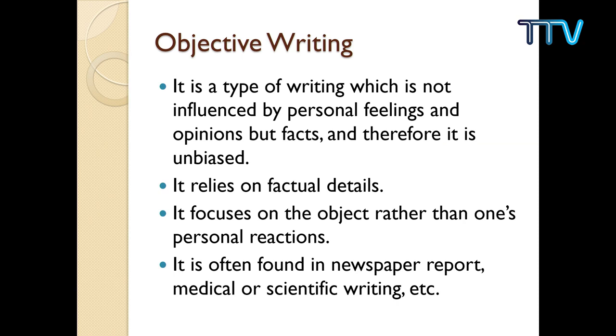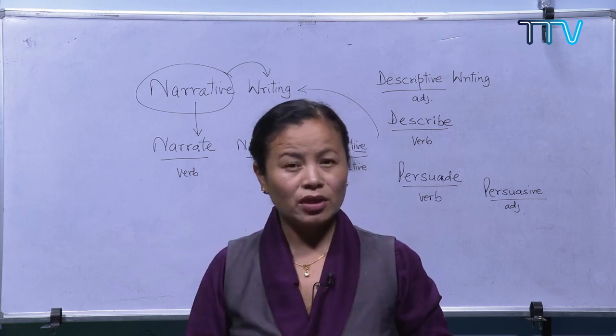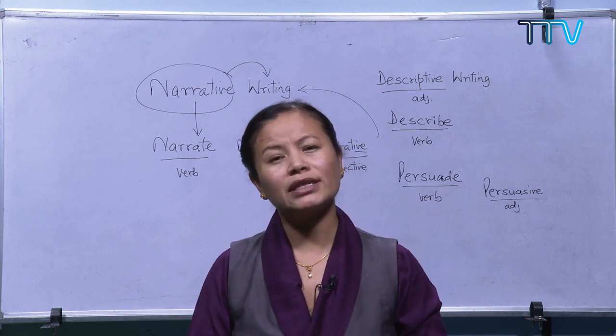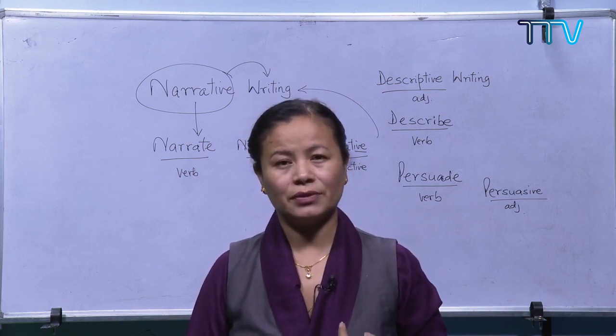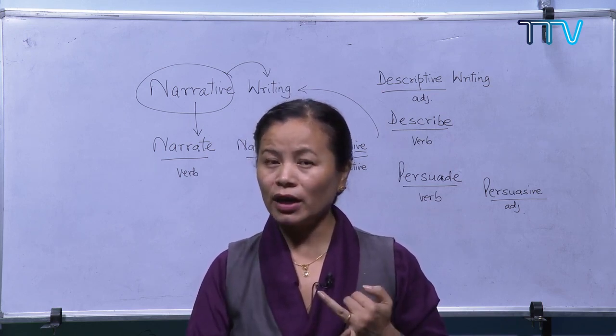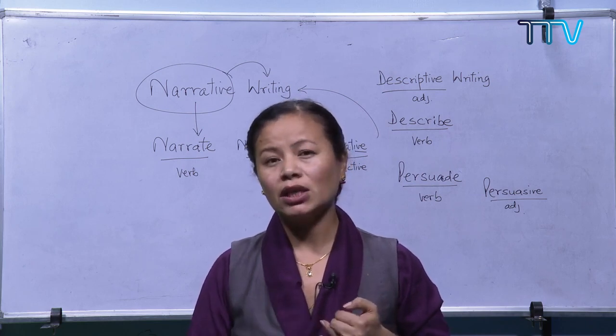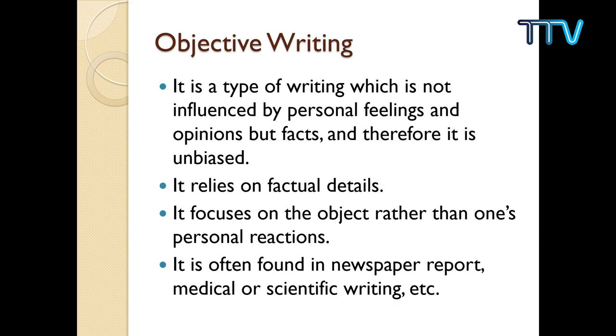If you are just writing about the benefits of medicines, no emotional attachment is there, it's just fact, right? Scientific writing, again fact. No personal opinion is there, no emotional attachment also. You are just mentioning what the fact is. So this sort of writing is called objective writing. Subjective, influenced by personal feelings and opinions. And objective writing, no room for such things, only fact.